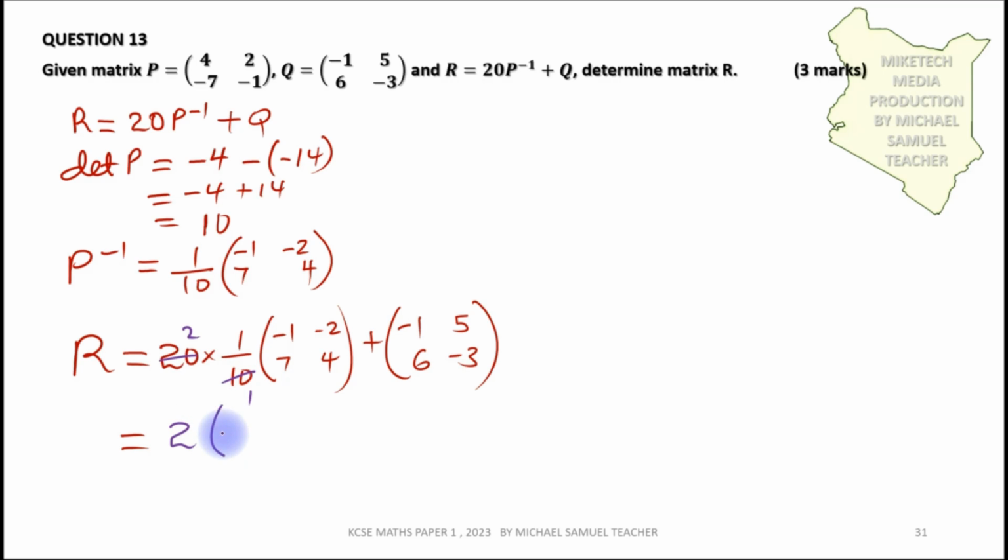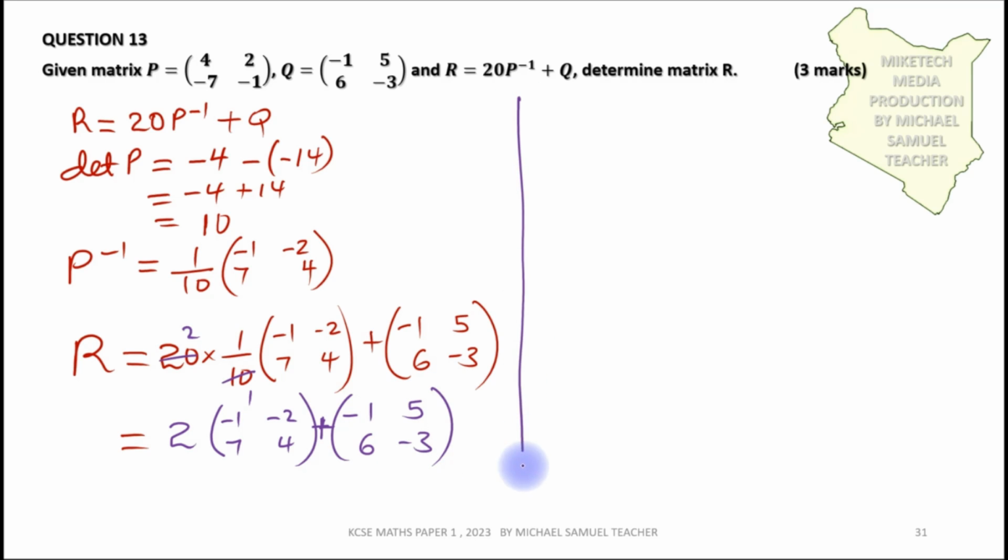Then we have 2 multiplied by the matrix with rows minus 1, minus 2 and 7, 4, plus the matrix with rows minus 1, 5 and 6, minus 3. So the next step is to open the bracket and multiply the scalar by each element in the bracket.